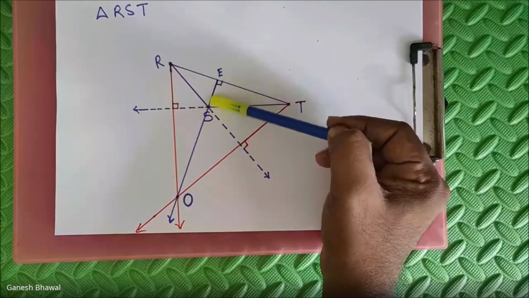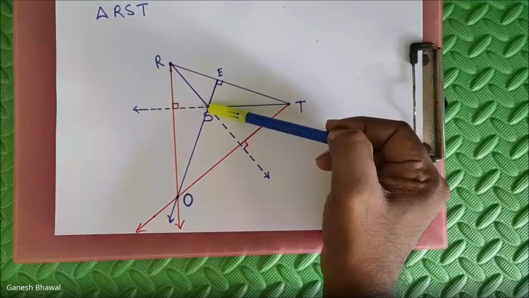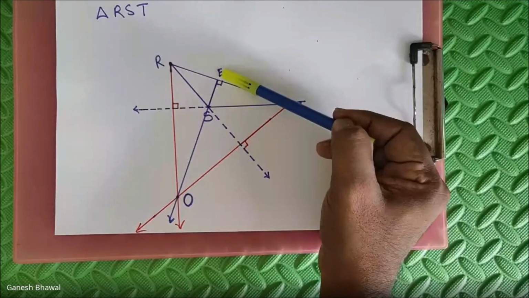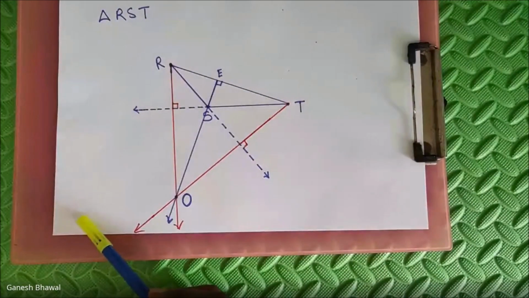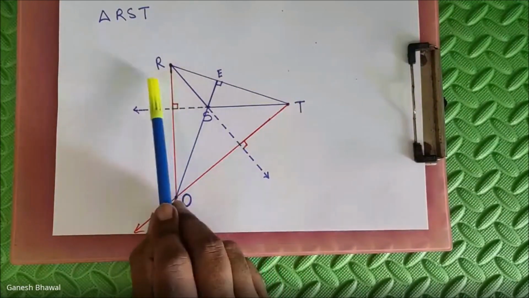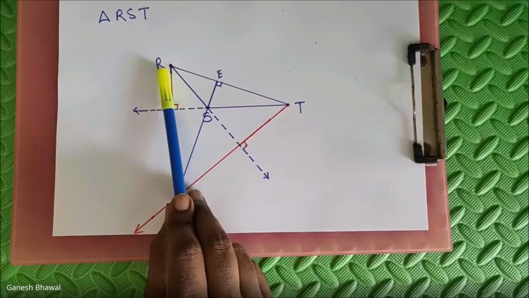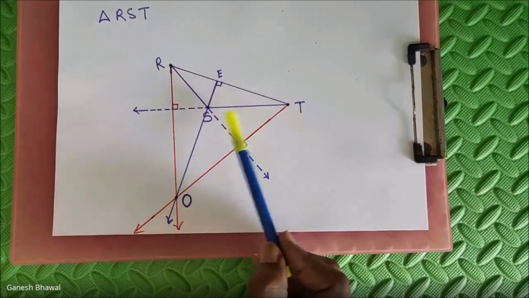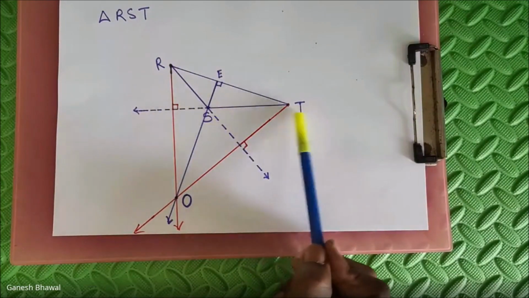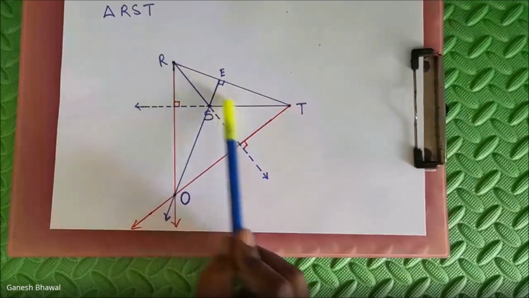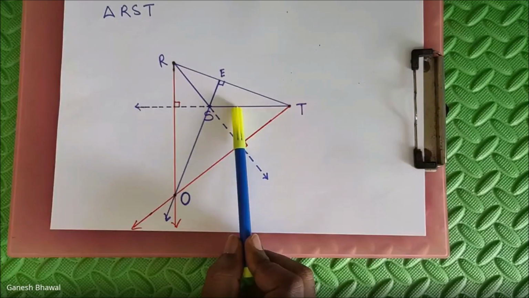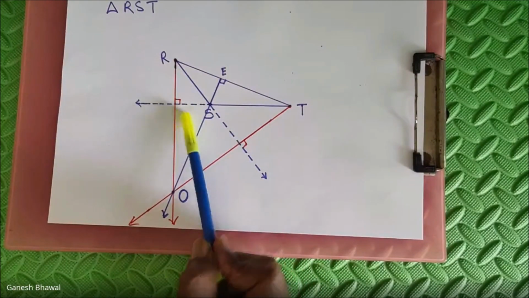So we have drawn one perpendicular and given it the name SE. This is the first altitude of triangle RST. But now the question arises, from this vertex R on its opposite side ST, we cannot draw a perpendicular because it's coming outside.